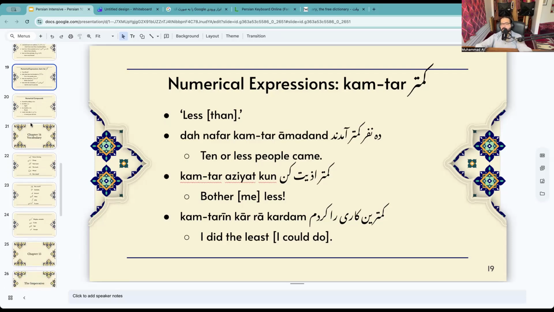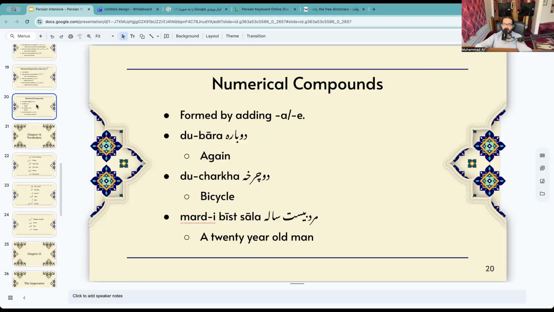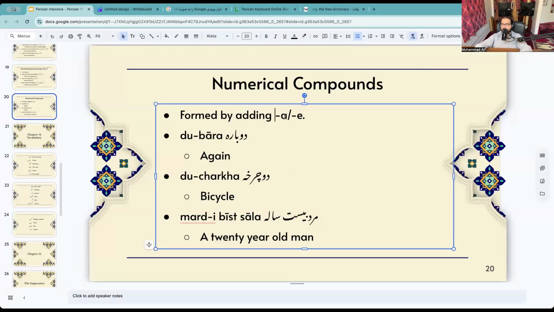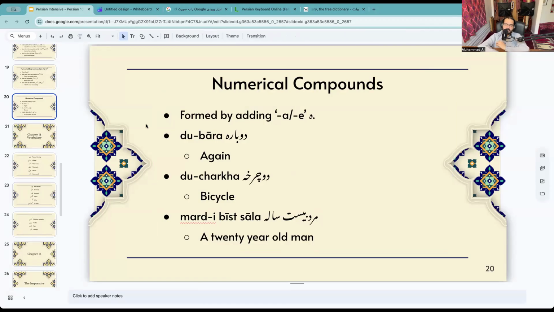All right. Then the last thing about numbers that I'll teach you is numerical compounds. You just form them, and I should put the letter in Persian, by adding a silent H, which makes an A or an E sound depending on your accent. So dobar means twice.